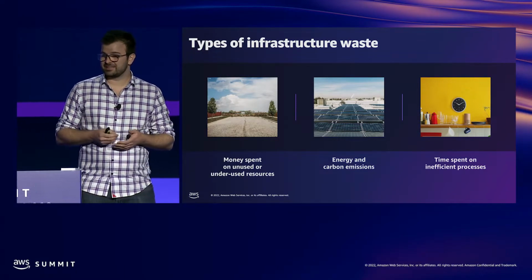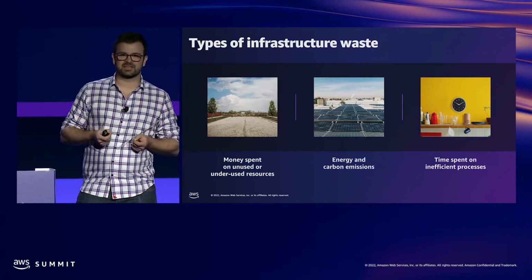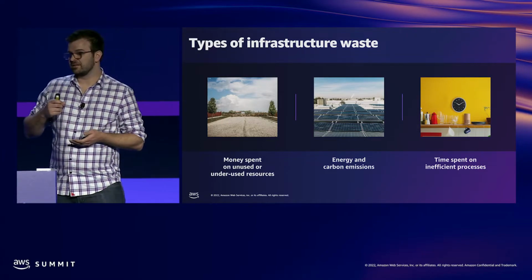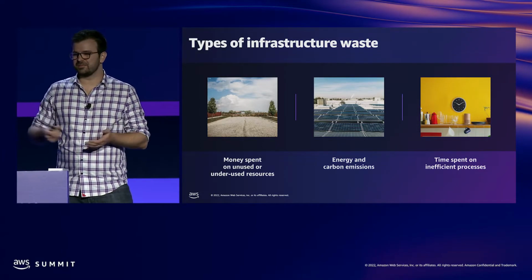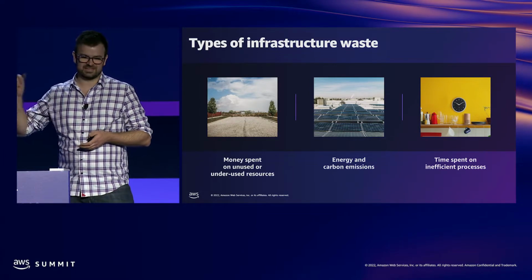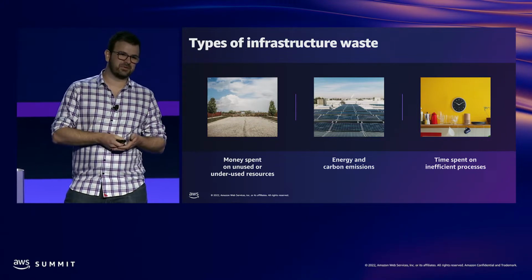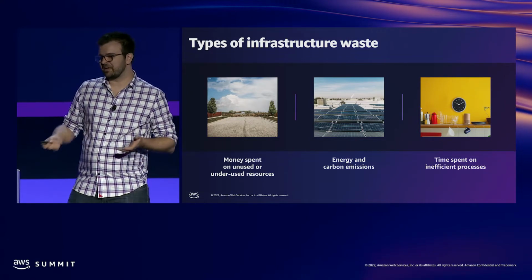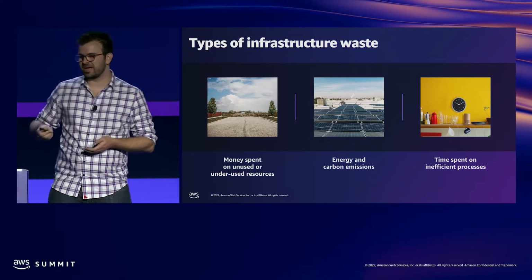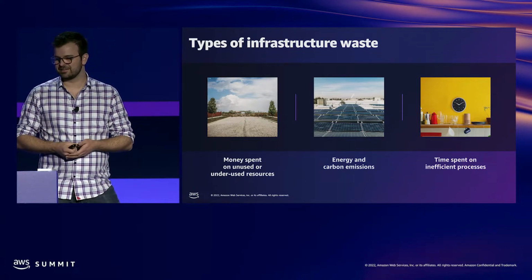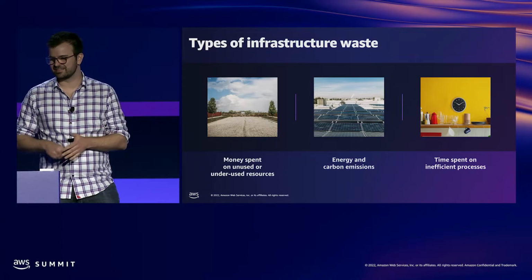And the money one, I think, is probably the easiest to see and understand, especially on AWS. Because you get your AWS bill every month, or you even see it in your console every day. But not all money spent on compute is waste. We do actually have to charge for our services, and you do have to use some resources and spend some money to be able to achieve your business needs.